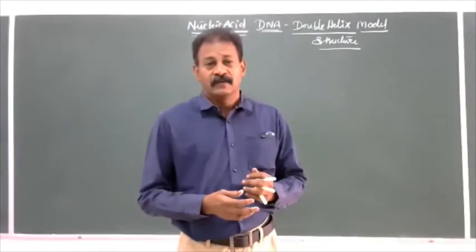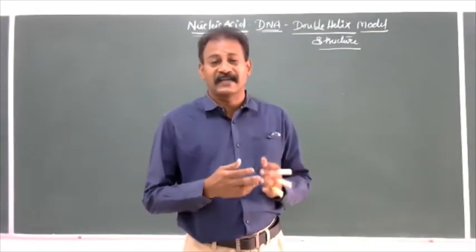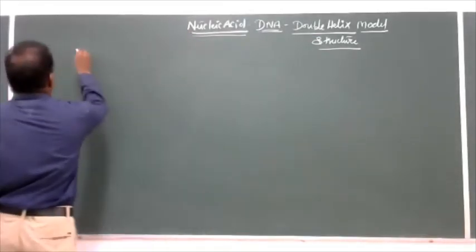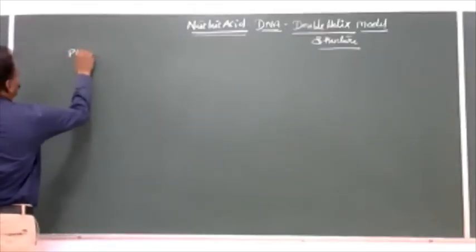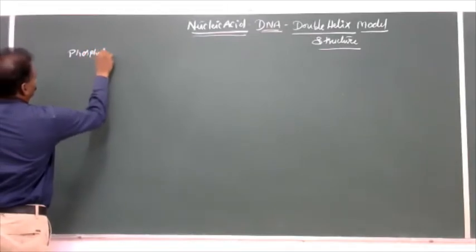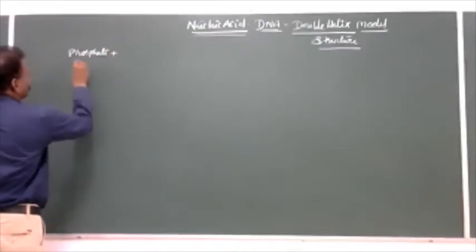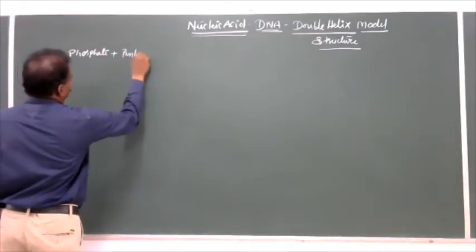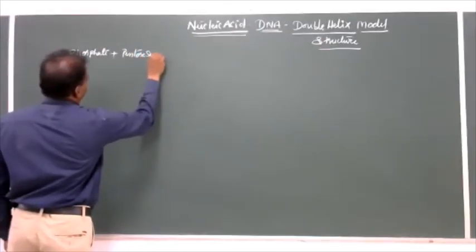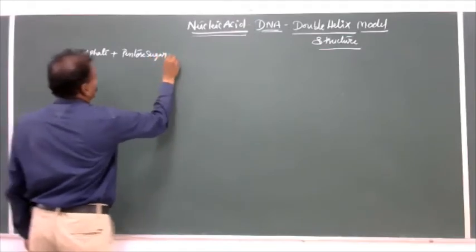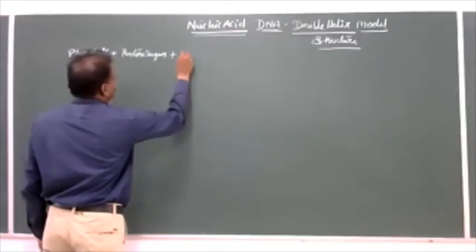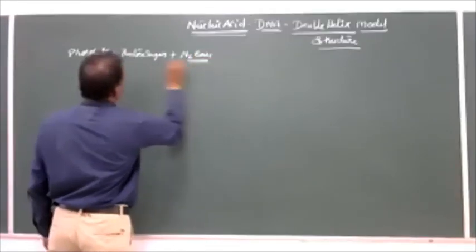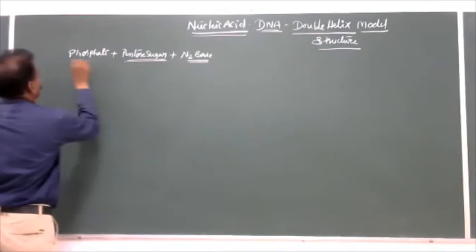So, a nucleotide consists of three components: a phosphate group, attached to a pentose sugar, and this pentose sugar is attached to an N2 base or nitrogenous base.